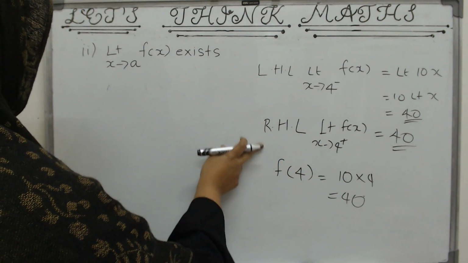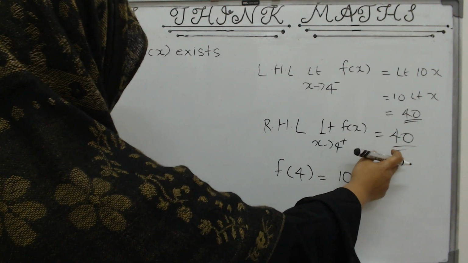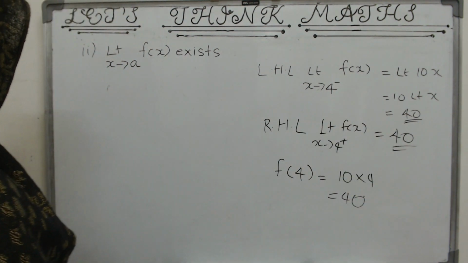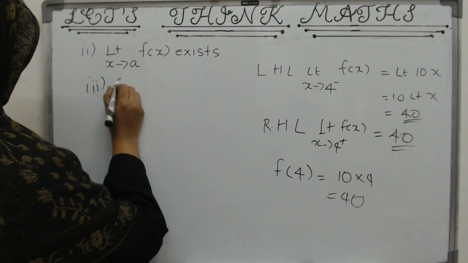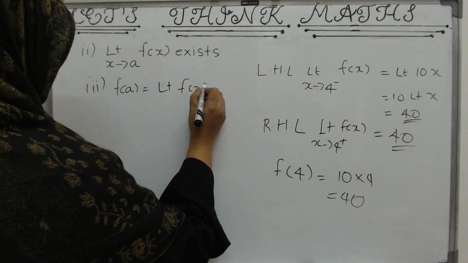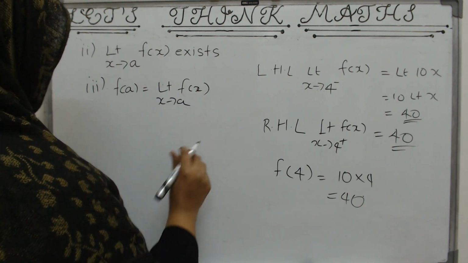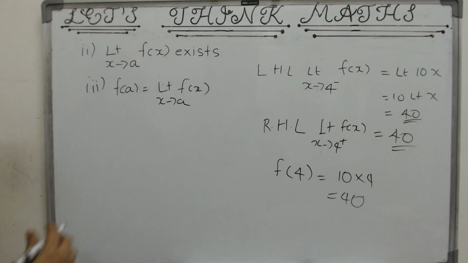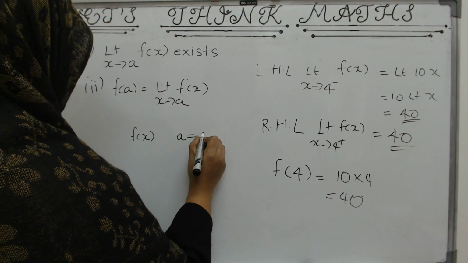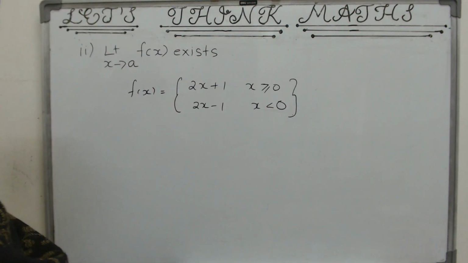The limit from the left side and the right side are both 40, so the second condition is also satisfied. The third condition is also satisfied: f of a is equal to the limit. So that means f of x is continuous at the point a equals 4. That we have seen as an example.